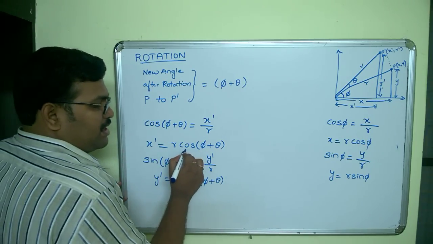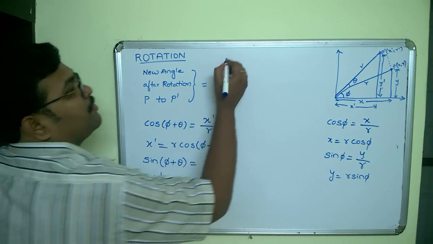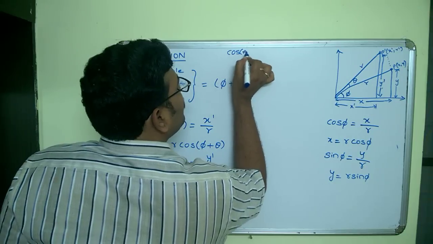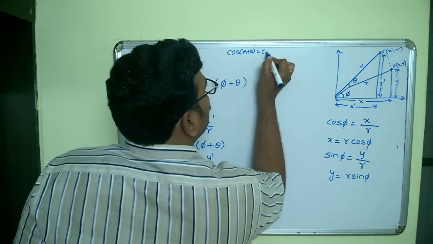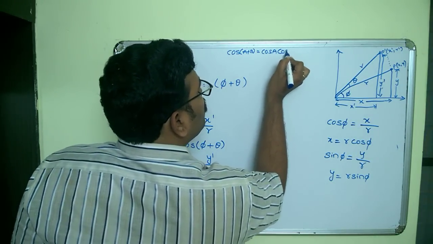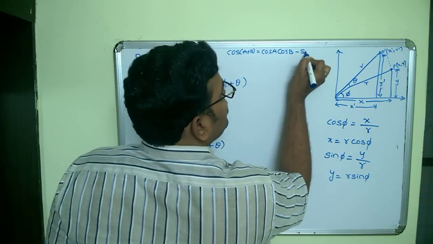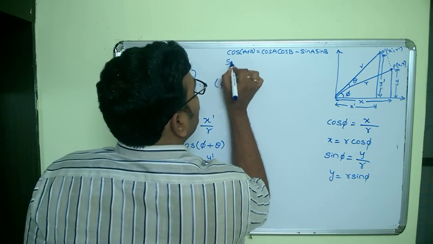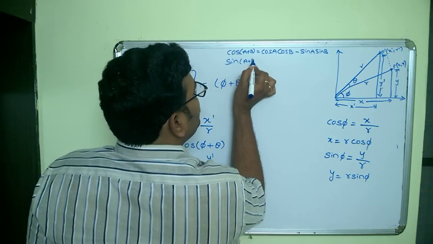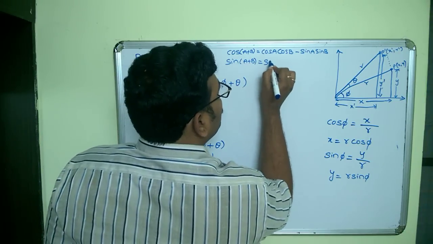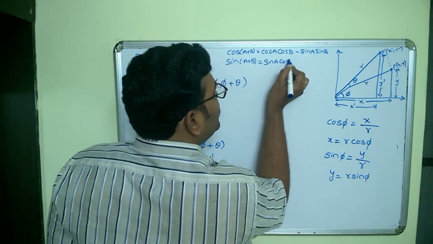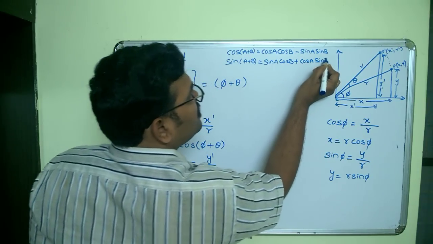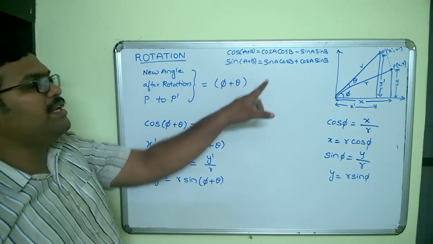So this is just like cos (a plus b). Now let us write the formula here. cos (a plus b) is equal to cos a cos b minus sin a sin b. Similarly, sin (a plus b) is equal to sin a cos b plus cos a sin b. So these are the formulas for cos (a plus b) and sin (a plus b).